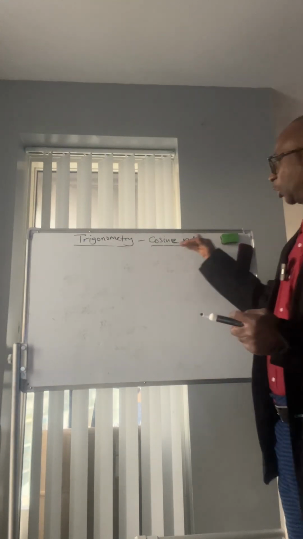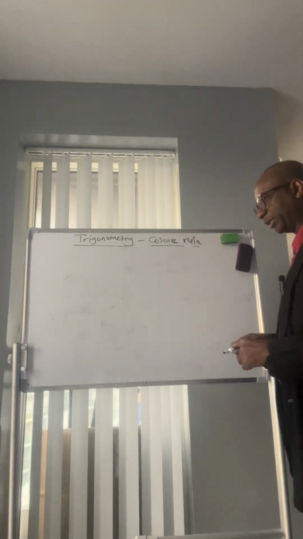But before we jump into deriving the cosine rule, let us refresh our memory with the trig identities, the 3 or 6 trig identities that we have.